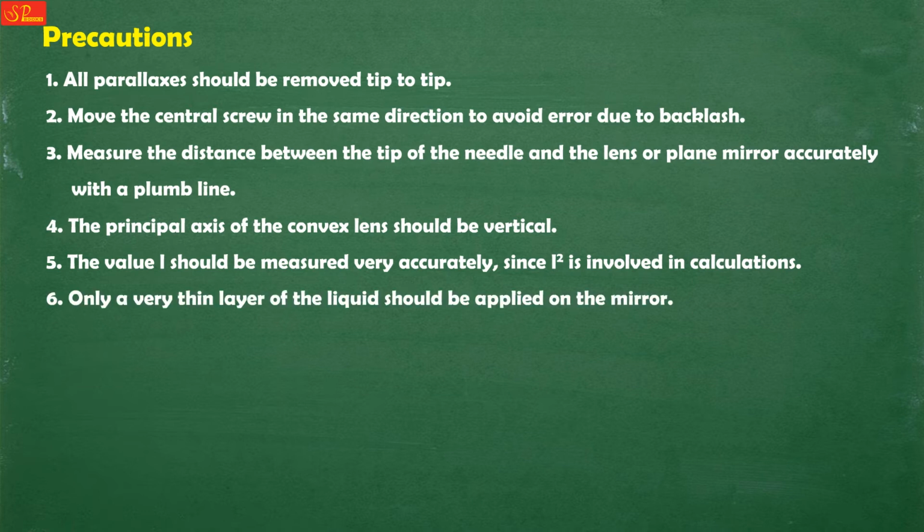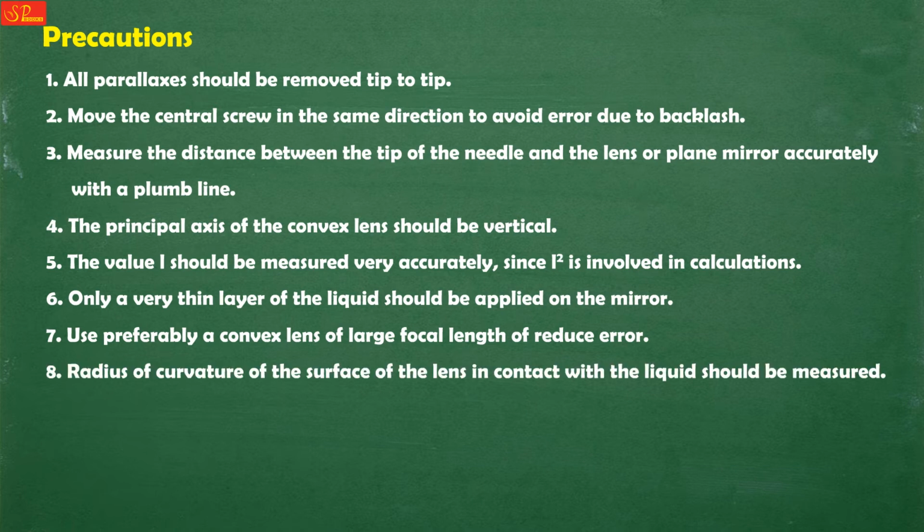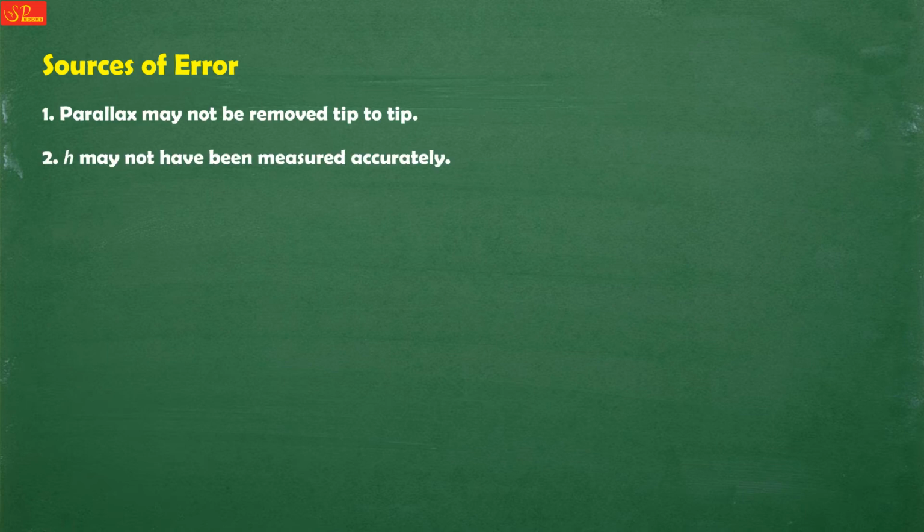The value of l should be measured very accurately since l square is involved in calculations. Only a very thin layer of the liquid should be applied on the mirror. Use preferably a convex lens of large focal length for reduced error. The radius of curvature of the surface of the lens in contact with the liquid should be measured.